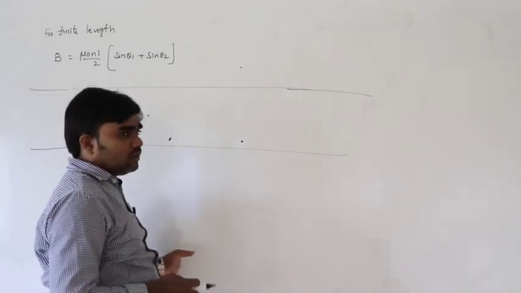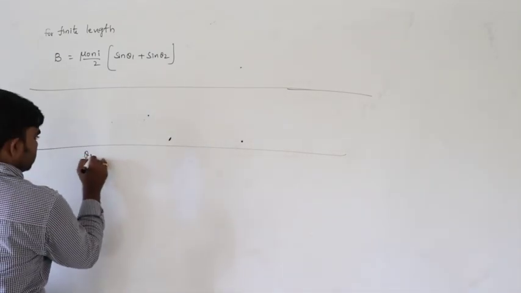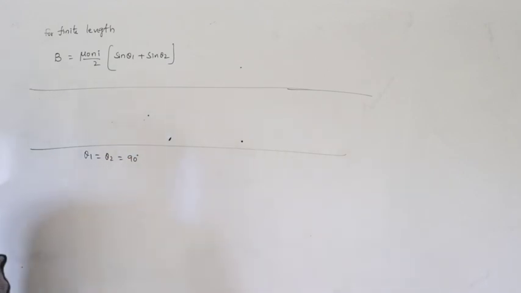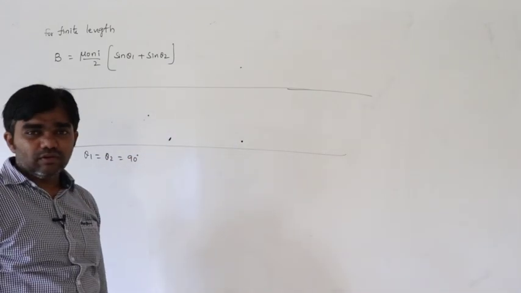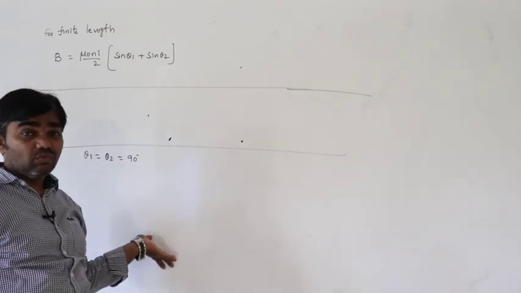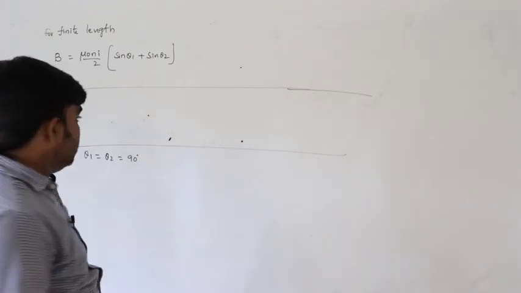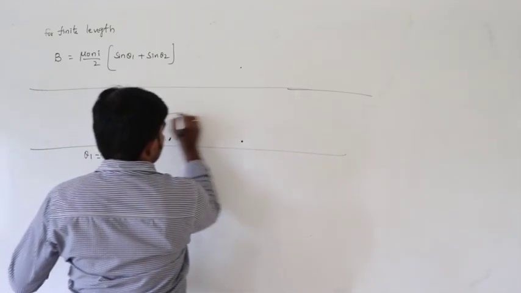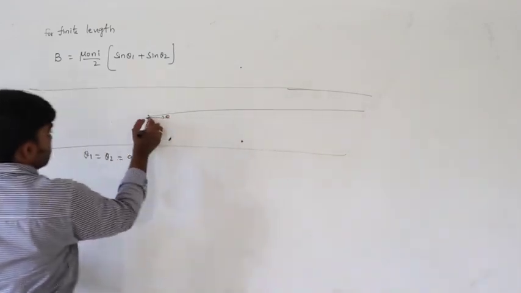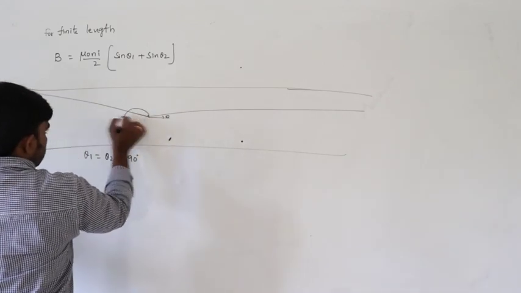In this situation, the angles measured with the horizontal are, what are the thetas? One is 0, another one is 180. Here it is 0 we have to write, and with the horizontal at this end of infinite length, this is 180.